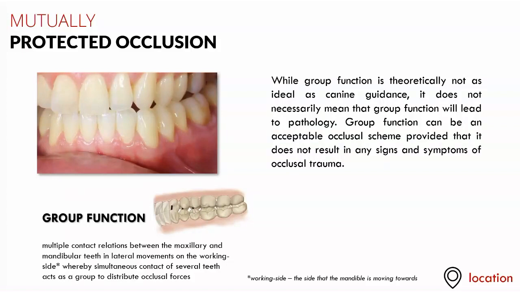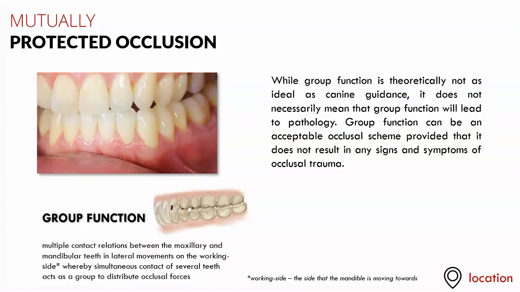If we were to look at this patient's opposite side, what you would find is that the back teeth here are separated. So we're only talking about the working side that you have multiple contacts touching, okay? If you find something else touching on this side, we would call that an interference. We're going to save a lot of those details for the third lecture.